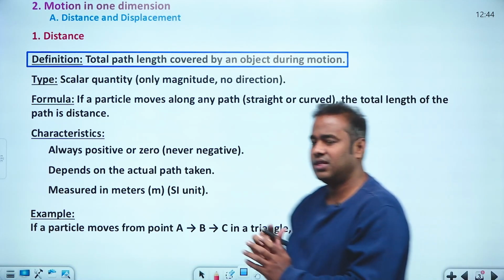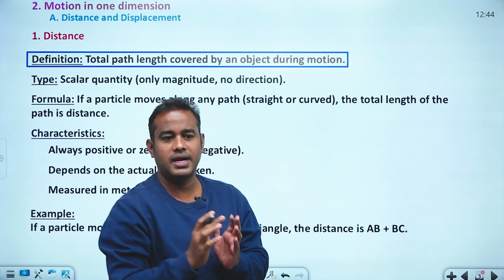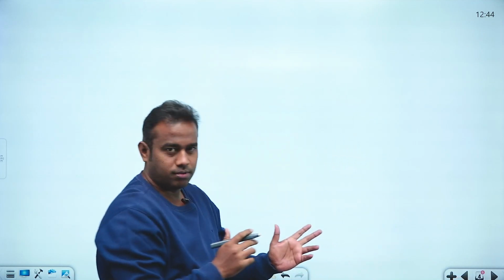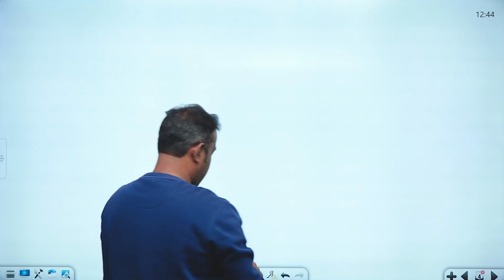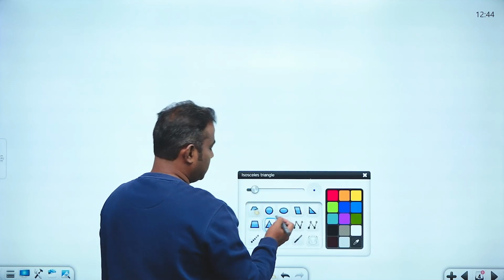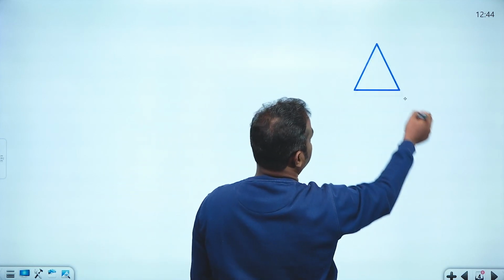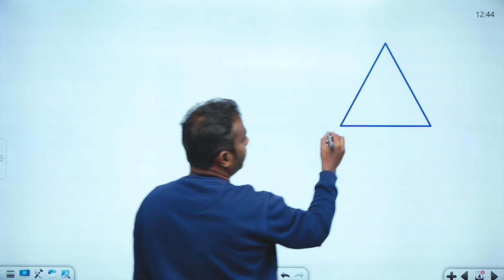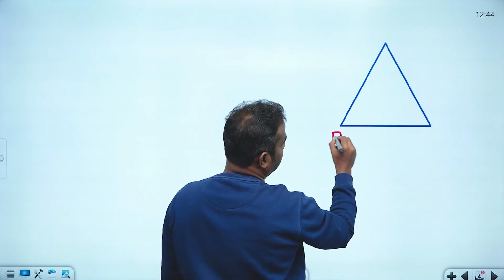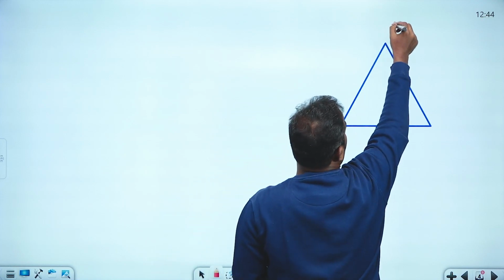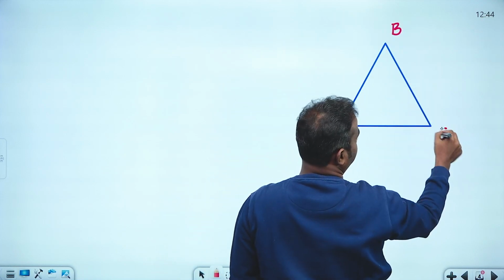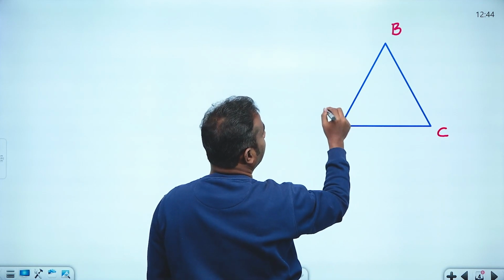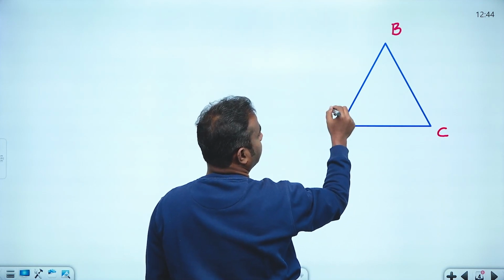Apart from this, just try to understand the definition of displacement with a very simple example. I'm going to take a small shape. In this shape, assume that there is a body, and these are the points A, B, C. There is some object, for example some ball or some tire.